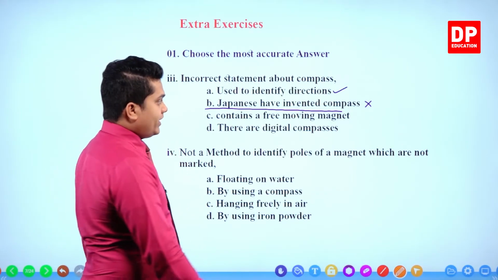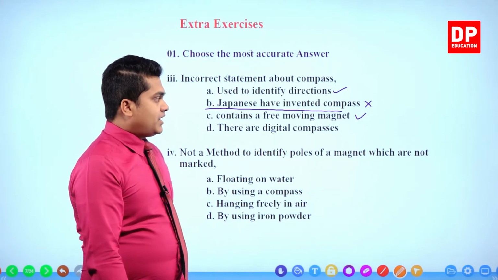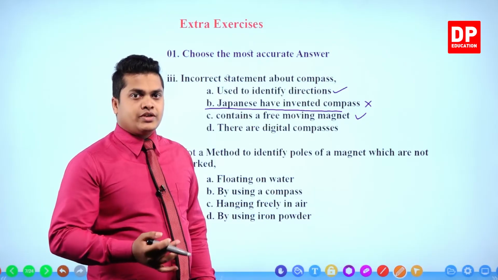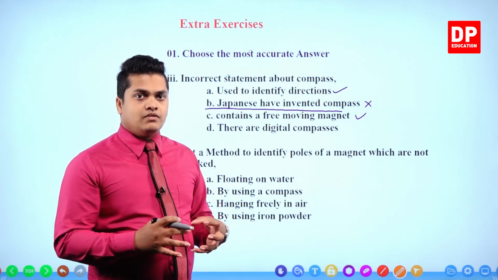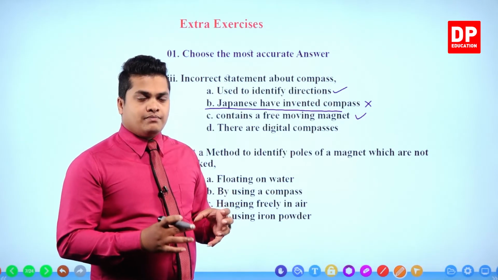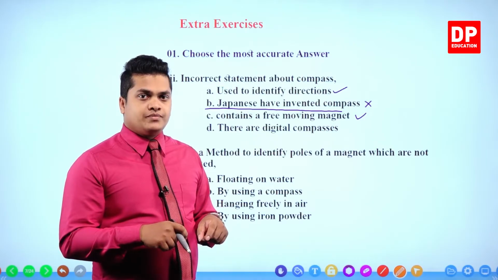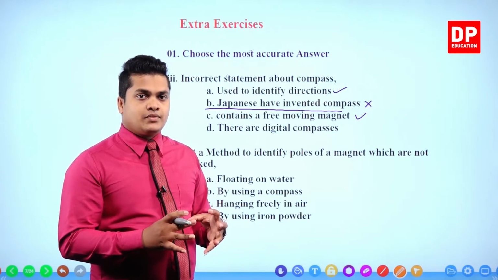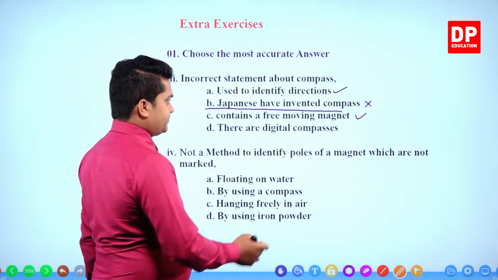So this is also correct. There are digital compasses. That is also correct. If you take your smartphone, you can observe there is an application called the compass. In that application there is a digital interface, right? So there are digital compasses as well. It is correct.